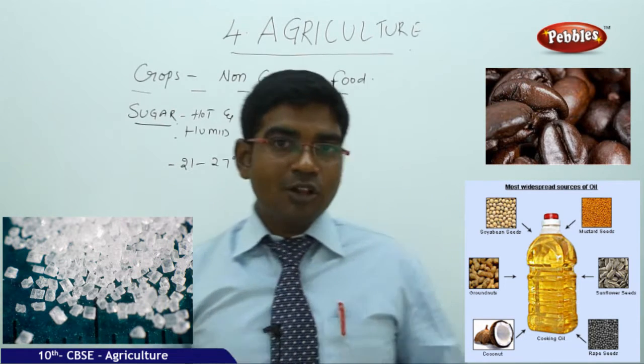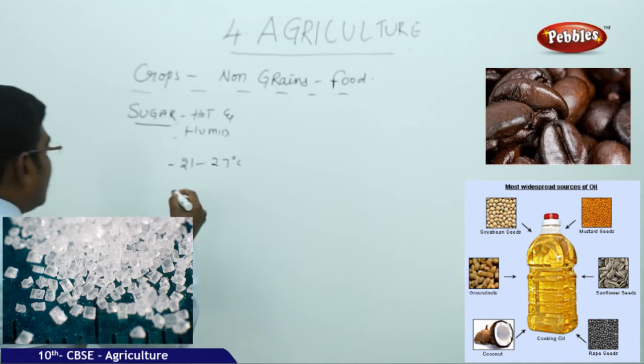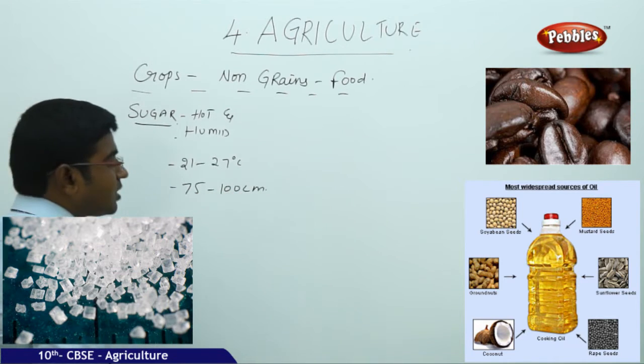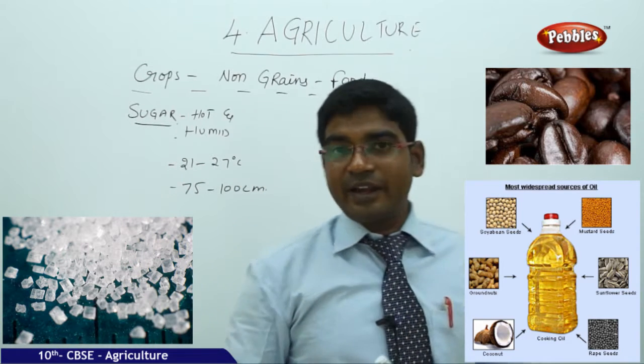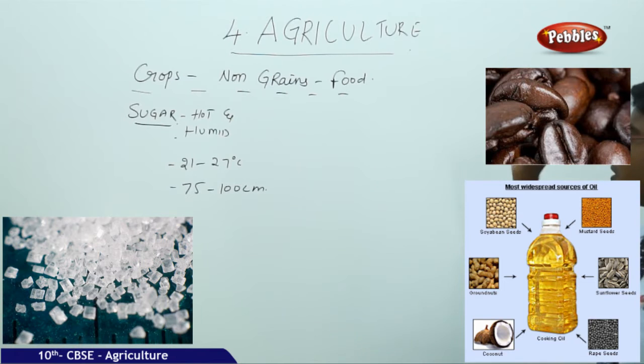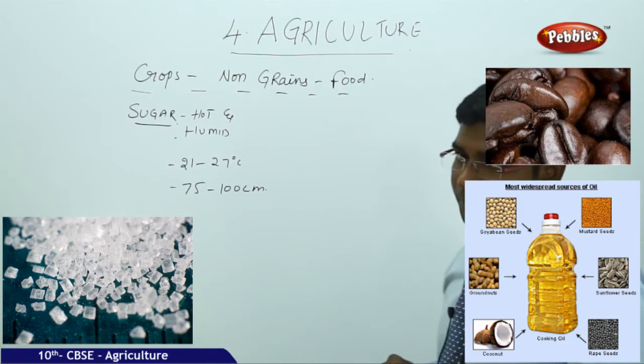And then we also need a good amount of rainfall, from 75 to 100 centimeters per annum. If these three conditions are not fulfilled, definitely we cannot produce any sugarcane crop.